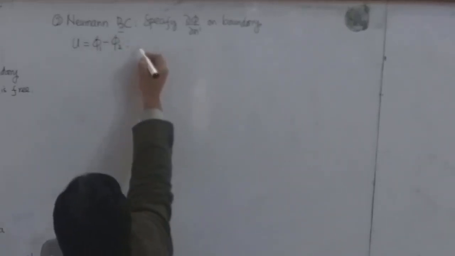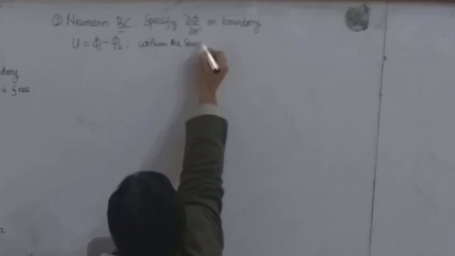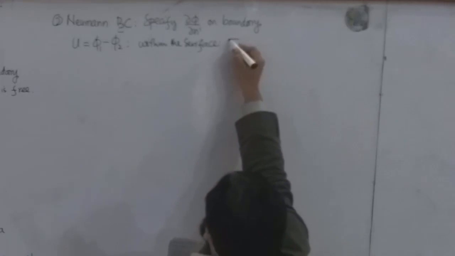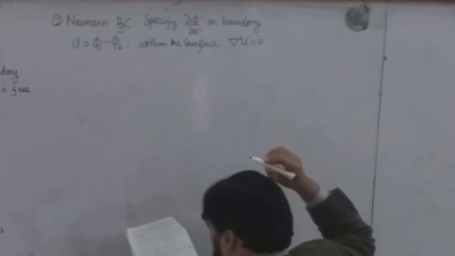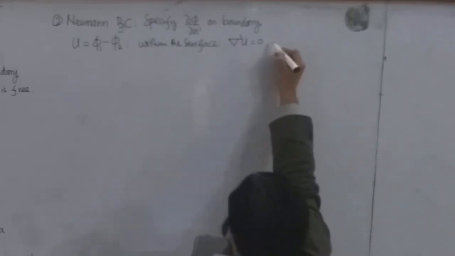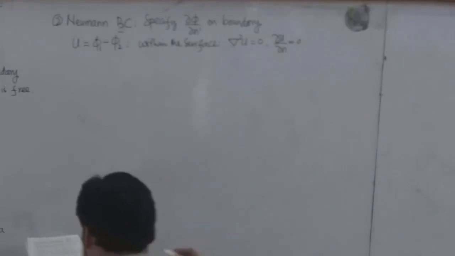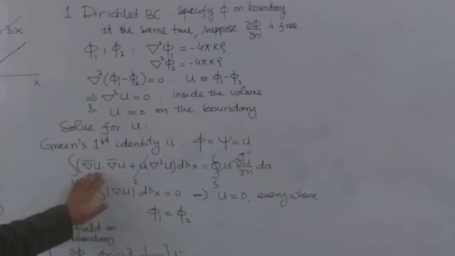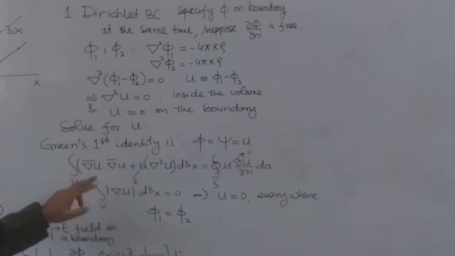Within the surface, we will have del square u equal to 0 and curly u over curly n will be equal to 0 as well. Again you use Green's identity, so this thing is equal to 0, and similarly this thing will be equal to 0.